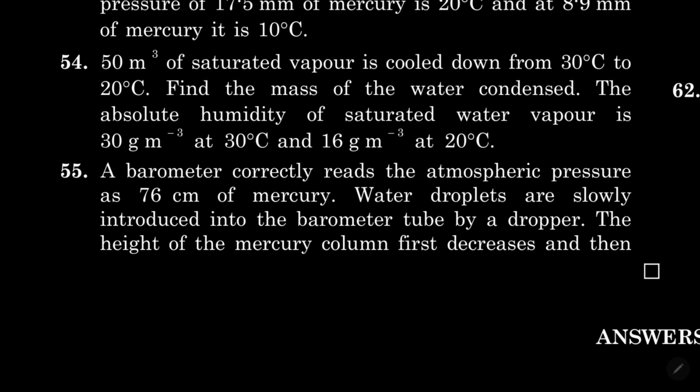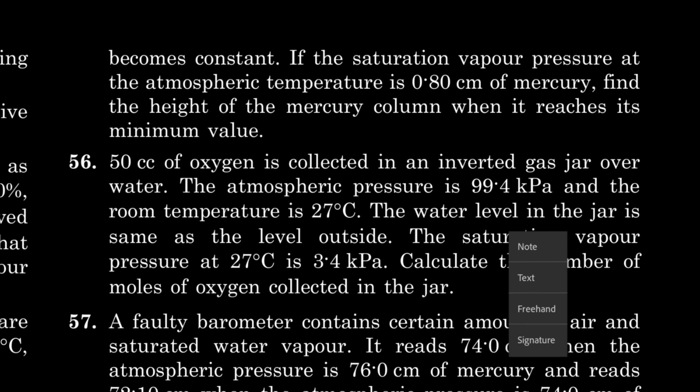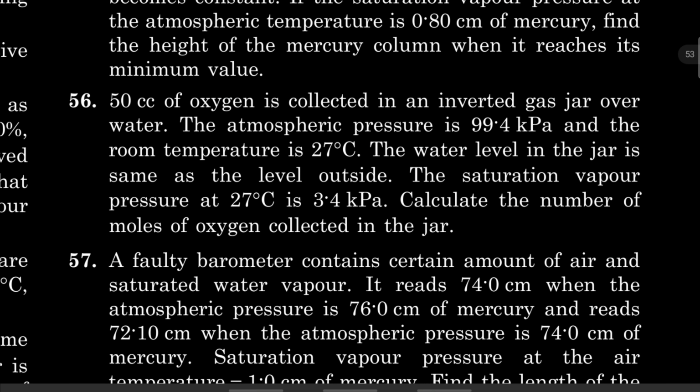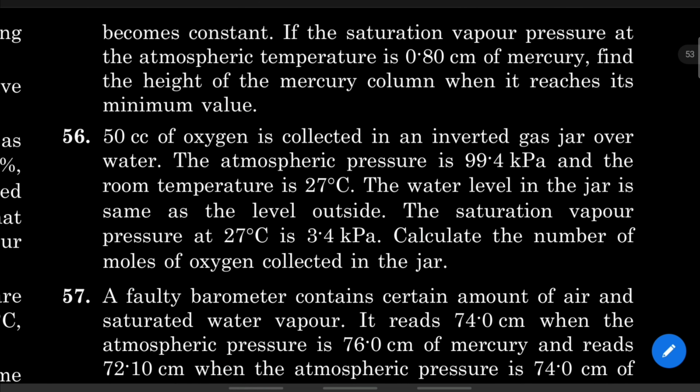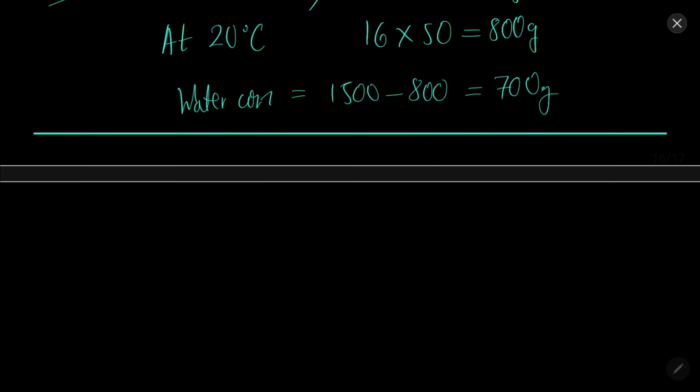In question 55, we have a barometer. Water droplets are slowly introduced in the barometer. The height of mercury column first decreases and then increases, and becomes constant. So find the height of the mercury column when it reached the minimum value. Solution 55.